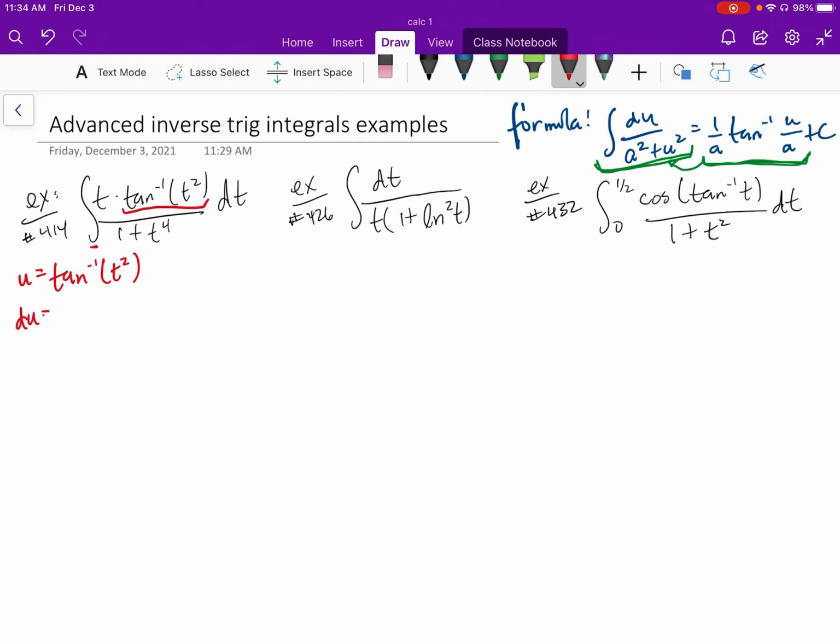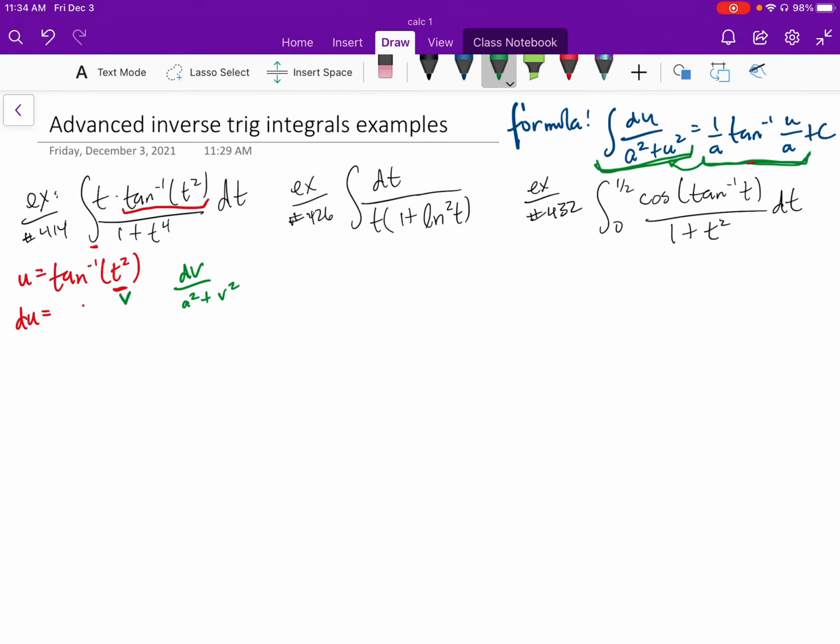Then its derivative, based on the formula we have on the right here, is du over a squared plus u squared, right? So du, chain rule. Why do we have du? That's because of the chain rule. I know I'm saying u is this whole thing, so maybe it'd even be better to call this v. So by chain rule, I need dv over a squared plus v squared, right?